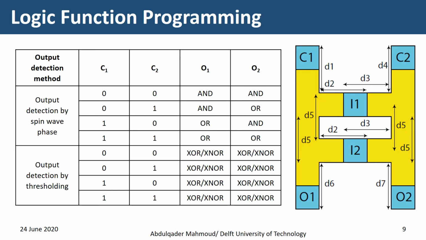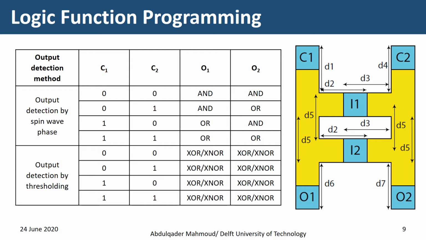Different functions can be obtained at the output based on the output detection method and the control inputs. Now taking the output detection by spin wave phase at the beginning, and C1 equal to 0 and C2 equal to 0, then O1 and O2 will be the result of AND gate of I1 and I2.